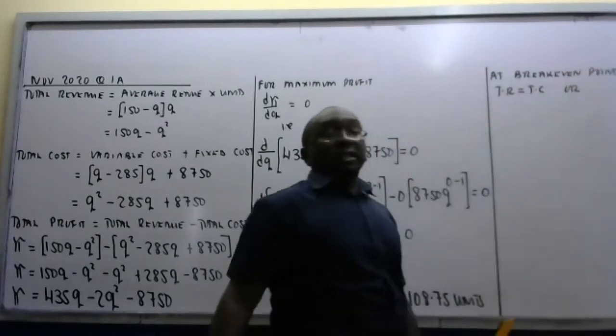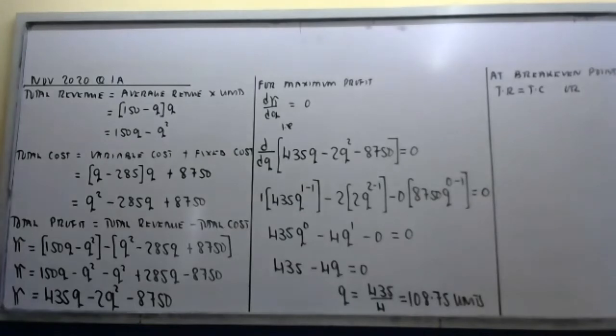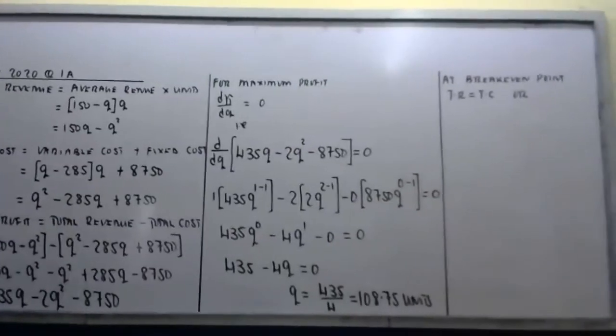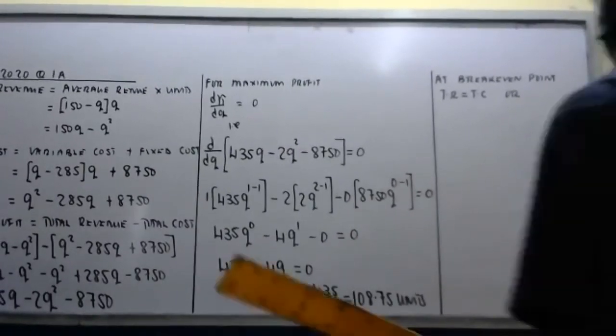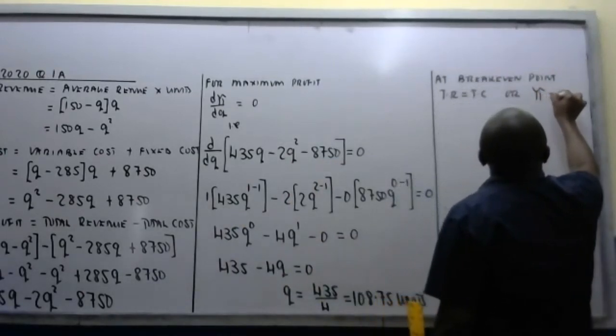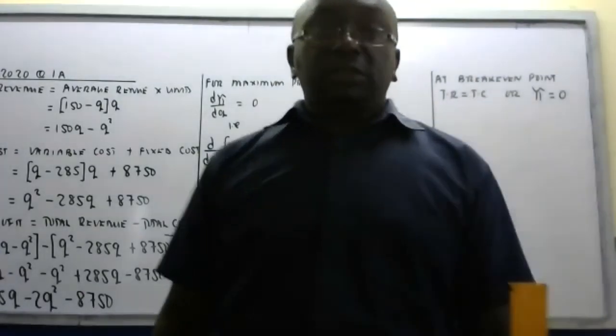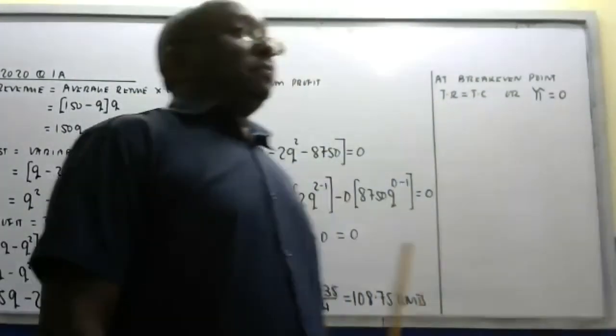Or there is something else that we normally say, profit pi is equal to 0. Break-even is the point at which the business is not making profits or losses.